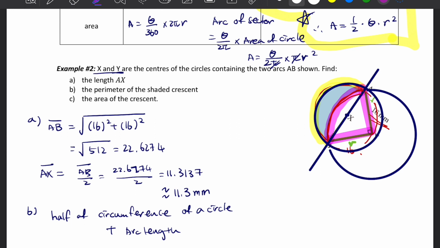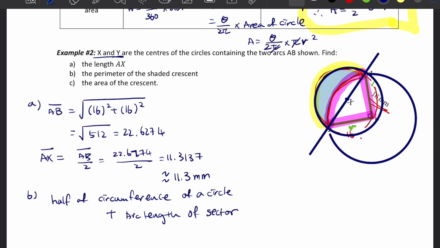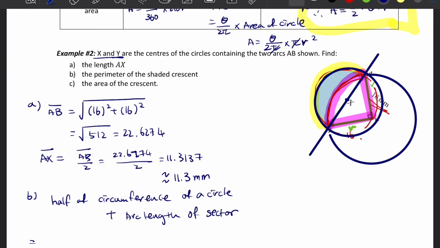So, half of the circumference. The circumference of a circle, the formula is 2 pi r. Since we need to find half of it, we're going to do 2 pi r divided by 2, plus the arc length of this sector.